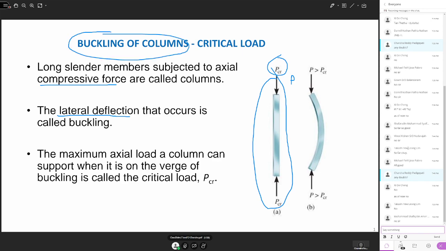When P exceeds a critical load, the column will deflect laterally. And here the idea is to calculate the critical load in terms of the geometrical parameters of the column, the load applied, and where the load is applied.